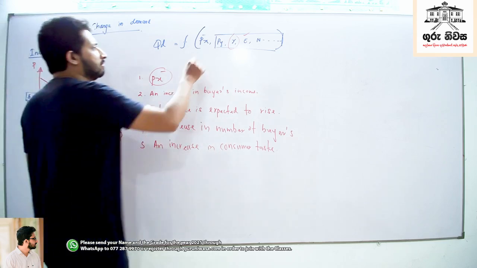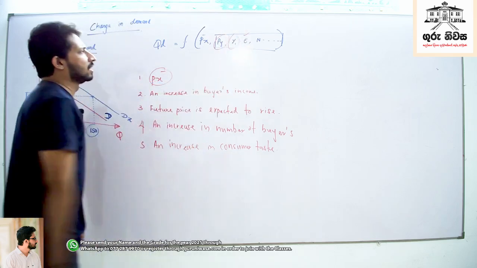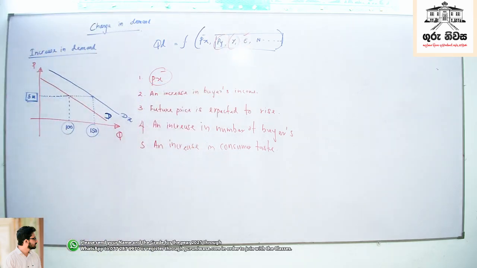Then we'll come to PY, Lamai. Prices of other products. Can you remember, Kalana, how many types of products does PY consider? How many product types come under PY or PN? Sanuli?